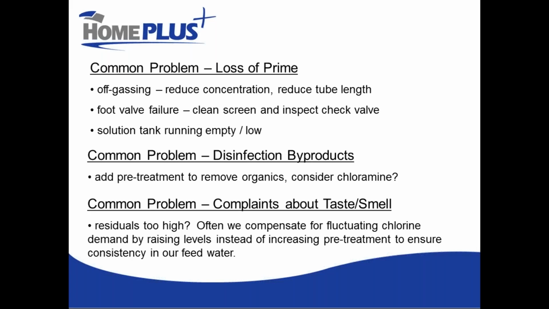But it may also mean that you have to consider having a chlorine booster station somewhere along the line, where you don't have to inject so much up front, but to maintain the residual at the end, you give it a little boost partway along the line. Those are big challenges. They're often costly. They're often hard to make the decision as to the best solution. But that's certainly a common problem that you will encounter.